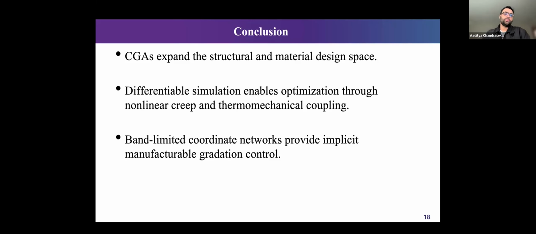So there's a lot of overlap in ideas being expressed in the machine learning community. That's definitely helpful for us from a manufacturability or design optimization perspective. So I think that concludes the main idea that I want to convey.